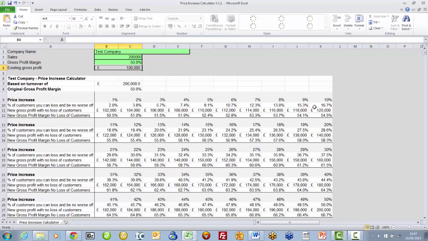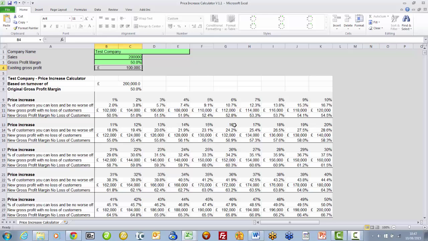The important thing to recognize though is that should you not lose as many customers, or no customers at all, by making that increase, your gross profit increases from the £100,000 here to £120,000, or your margin increases to 54.5%.